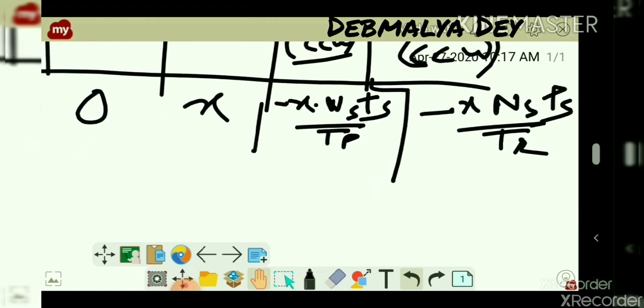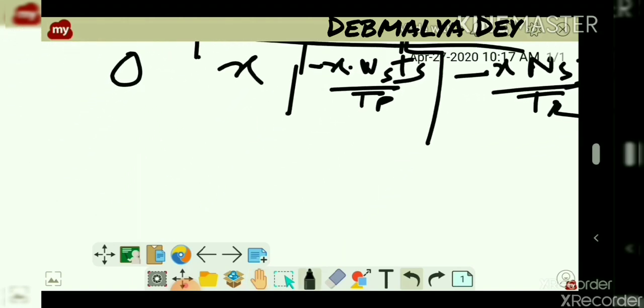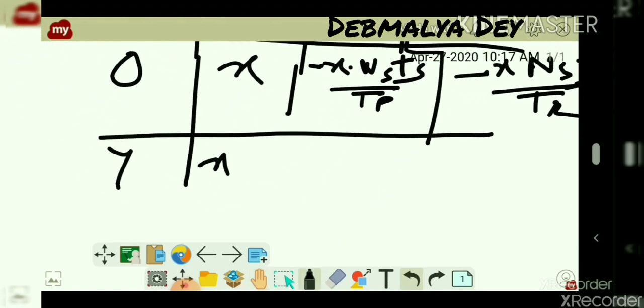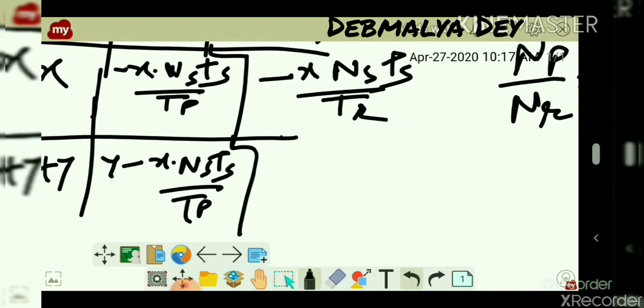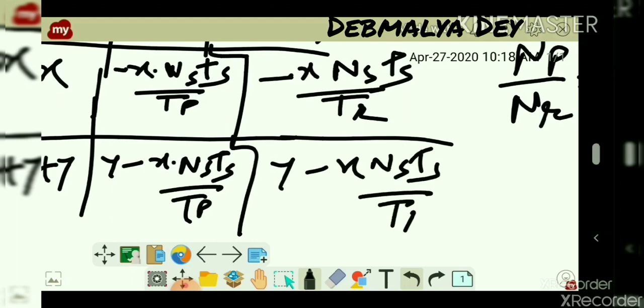In the next step we will add y: x plus y, this will be y minus x ns ts by tp, and this will be y minus x ns ts by tr.